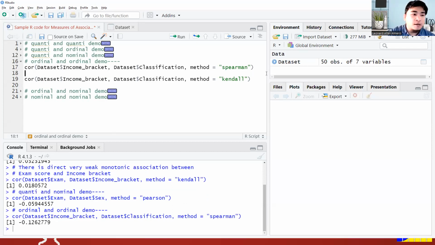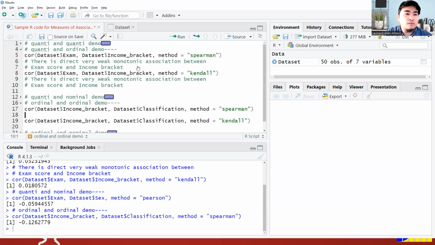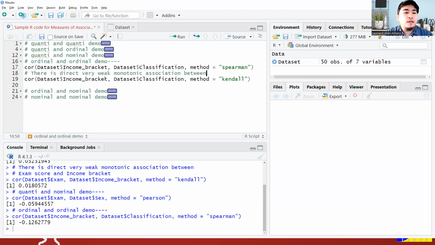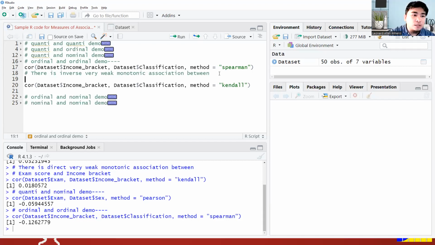So, para ma-interpret yan, parehas lang yung interpretation dito. Very weak monotonic association. Okay, there is direct, indirect or inverse. Inverse, very weak monotonic association between income bracket and classification.